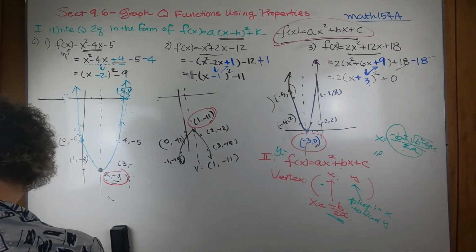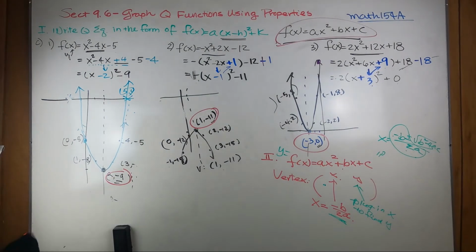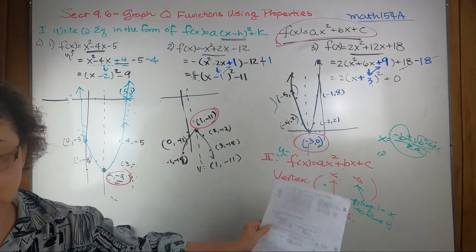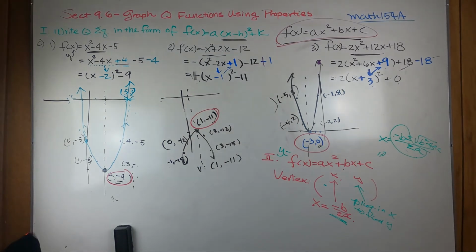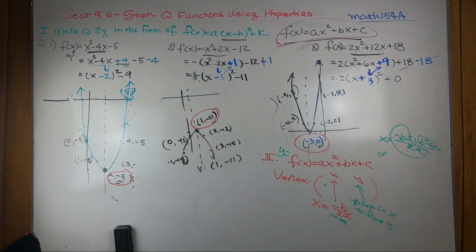Okay, so the formula tells you to do it directly from the standard form. You can do it with what? Negative b over 2a to find your vertex.